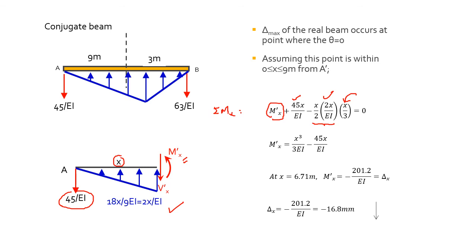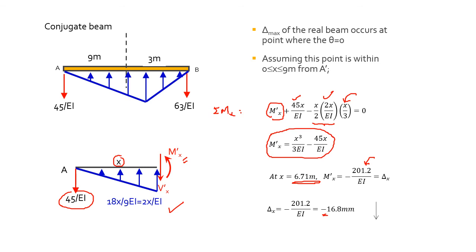You equate everything to 0 and you will get MX equals this equation. Because you already know the location of X is 6.71, if you plug it in you will get a moment of negative 201.2, which is equal to the deflection of your real beam. So the deflection of your beam is negative 16.8 millimeters, and because it's negative, it's downwards.